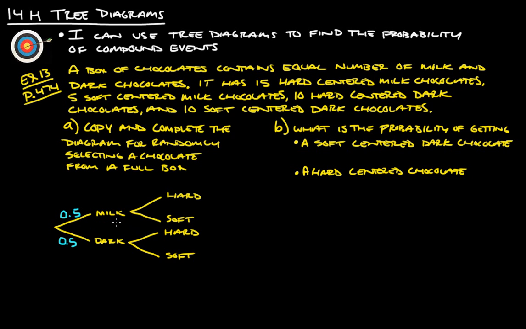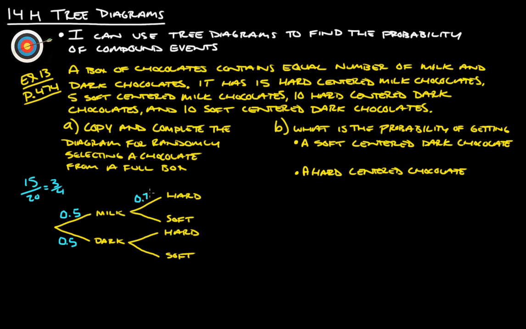So of the milk chocolates, how many are hard-centered and how many are soft-centered? 15 are hard-centered and 5 are soft-centered. There's 20 total, so 15 out of 20, which is 3/4, which is 0.75.